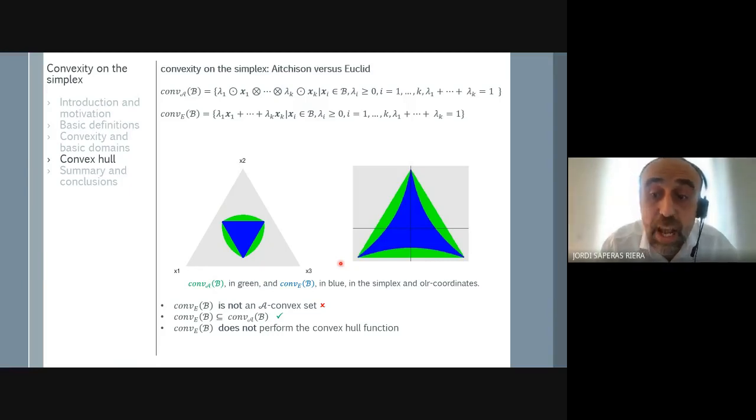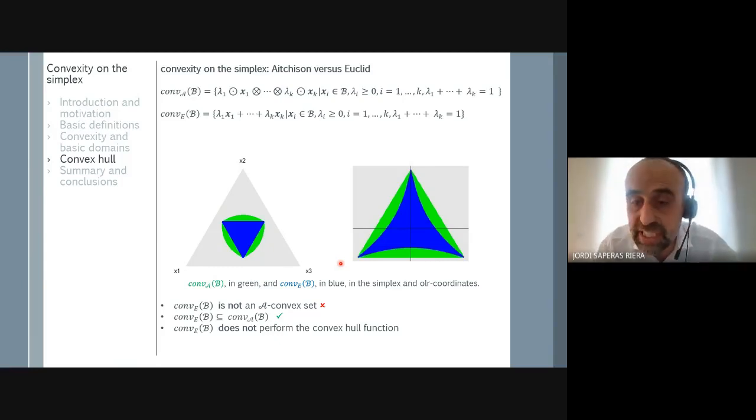But the Euclidean convex hull set is the intersection of three lower simple hypersurfaces. And as we have seen previously, the lower simple hypersurface is not a convex set. So the Euclidean convex hull is not a convex set.